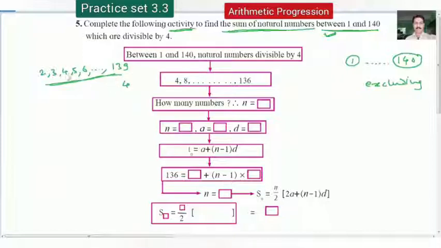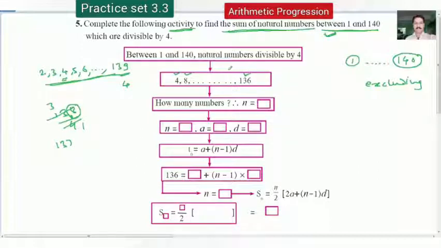Means here it is 4, after that 8, and 12 like this, and lastly this 139 is not divisible by 4. So try 138, it is not divisible, so don't take. Again 137, no, so 136. This is the last one.